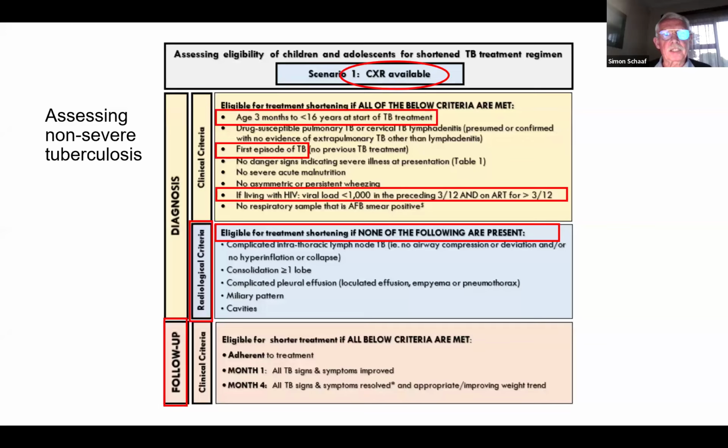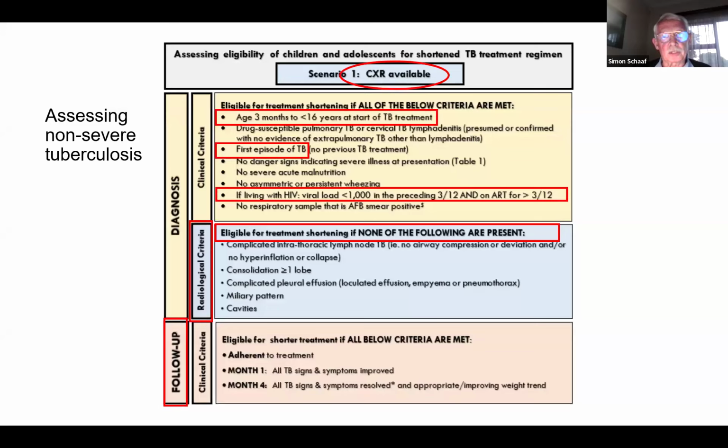Regarding the chest X-rays, they are eligible if none of the following are present, and I'm going to show that on the next slide. But basically, there should be no complicated intrathoracic lymph nodes, so no compression of the airways, no collapse or hyperinflation of lobes or lungs. There should be no consolidation of more than or equal to one lobe.